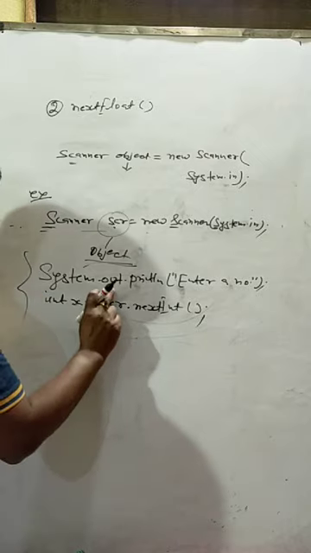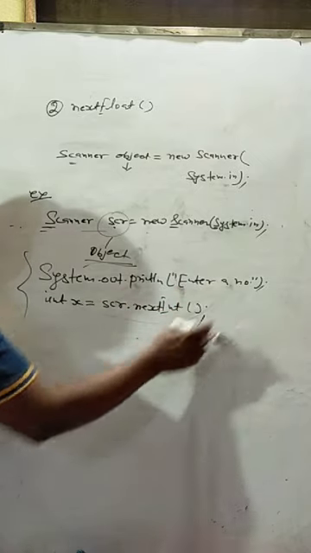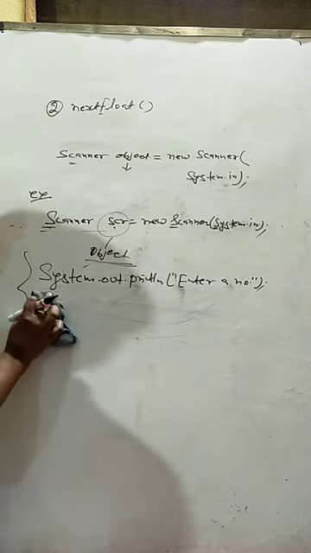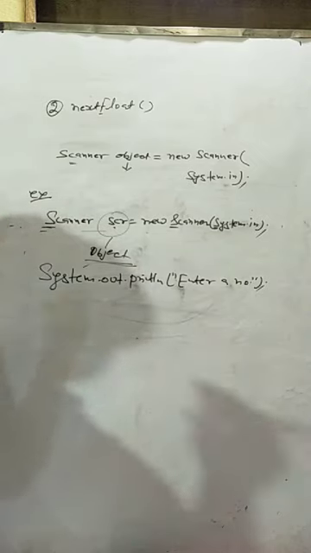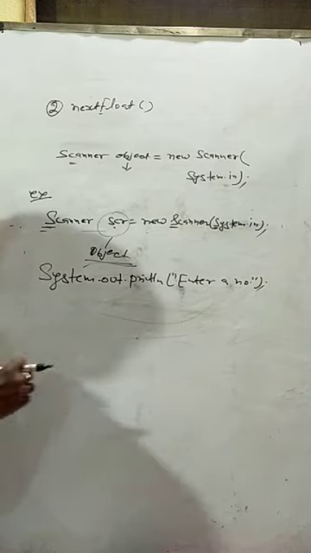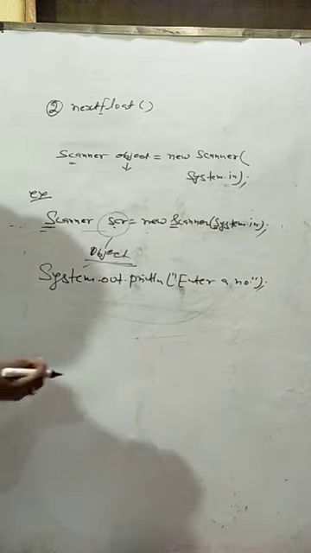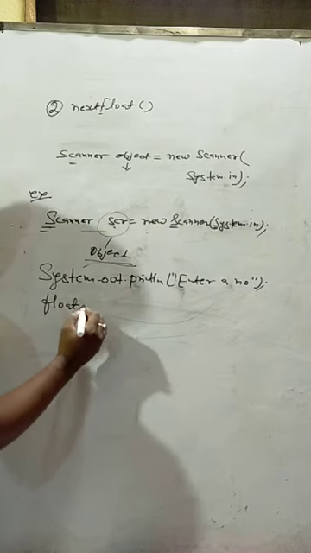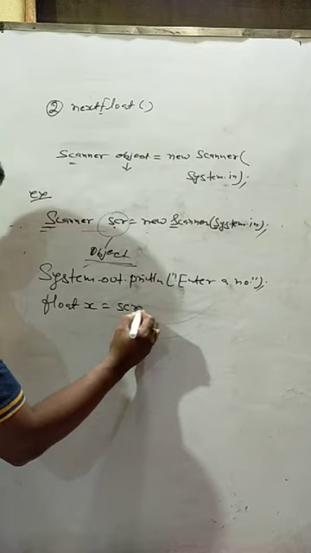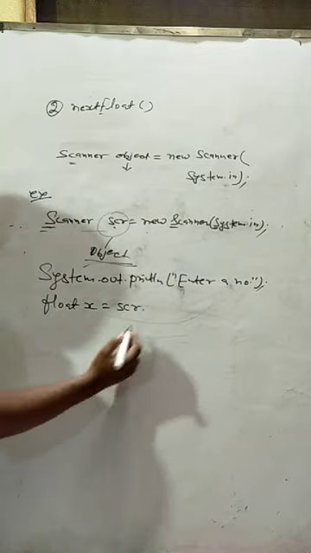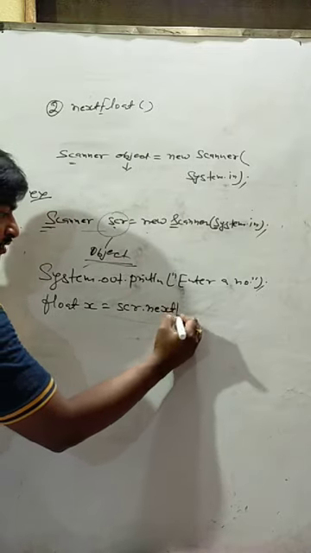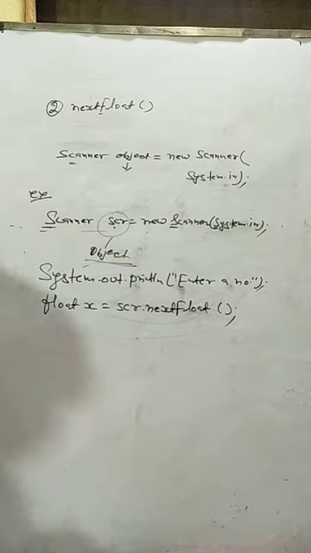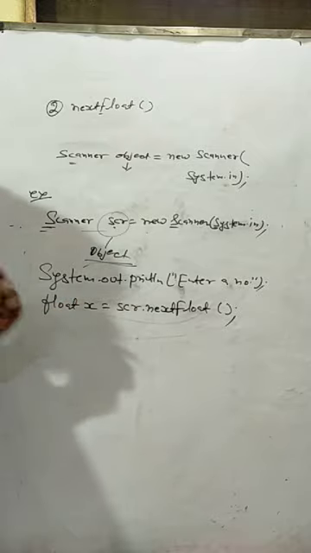Again we give a prompt to the user, System.out.println("Enter a number"). This time the number entered by the user is a decimal, fractional number. To store it, we have to declare a variable of float type: float x = scr.nextFloat(). This way we will input a float value.